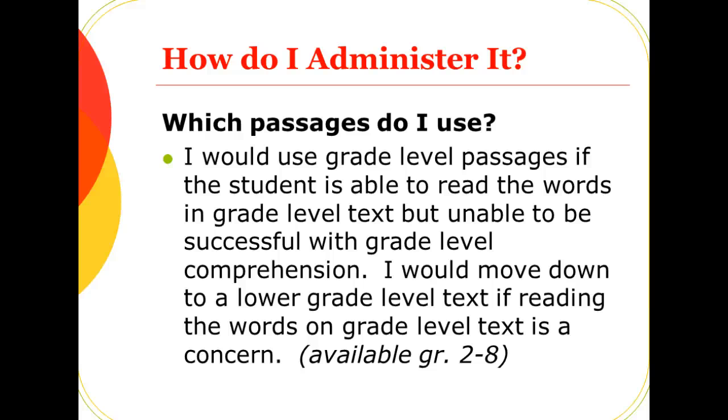So for example, I might be a 3rd grade teacher and I might use 3rd grade level passages if all of the students in the group are able to read at a 3rd grade level. If I've got one student who needs to read at a 2nd grade level text, then I would have that student using the 2nd grade level text. It's going to be just fine even if they have different levels because again, they're doing this silently.